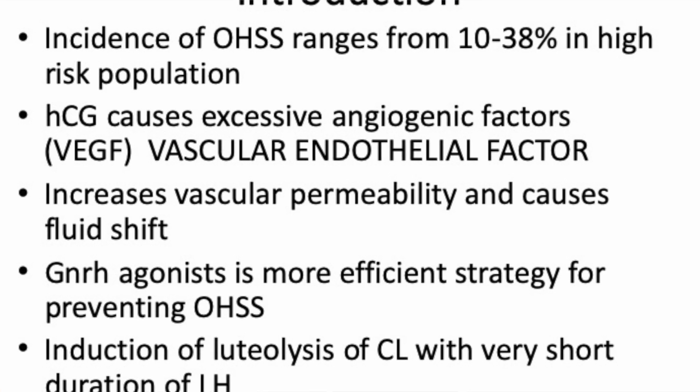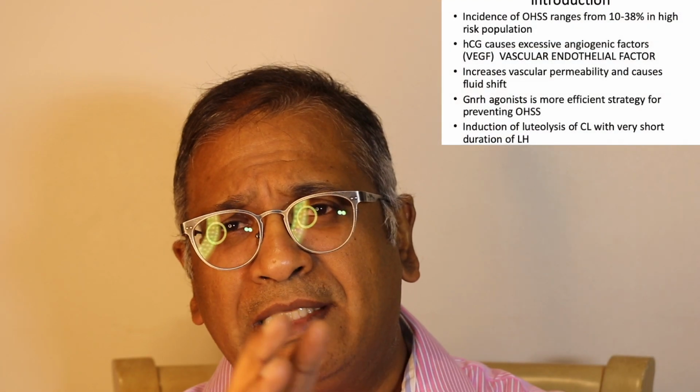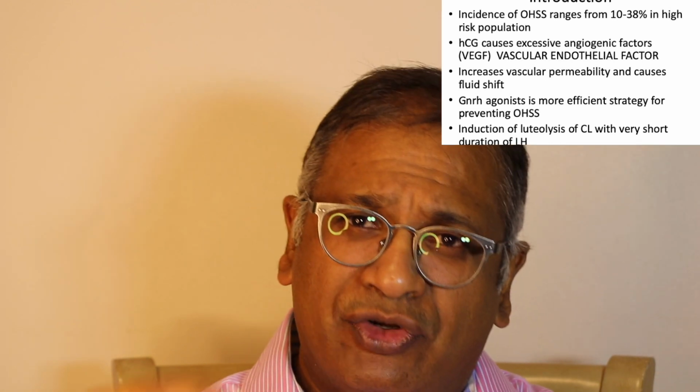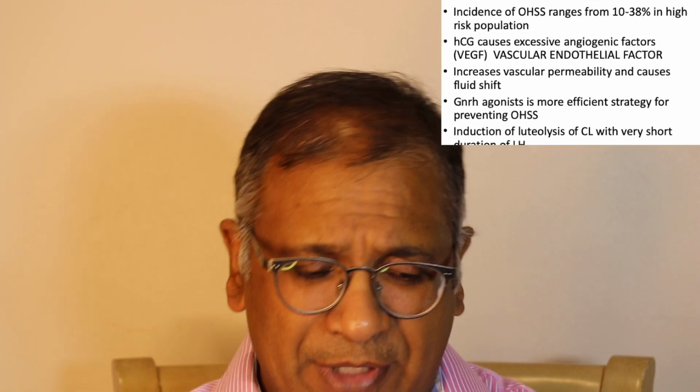So where does this all start? It all starts because IVF carries a high risk of ovarian hyperstimulation syndrome, which at times can be disastrous. So if you look at the overall picture, between 10 and 38% of ovarian hyperstimulation, the vascular endothelial factor is HCG driven, and that initiates the cycle of causing ovarian hyperstimulation syndrome.